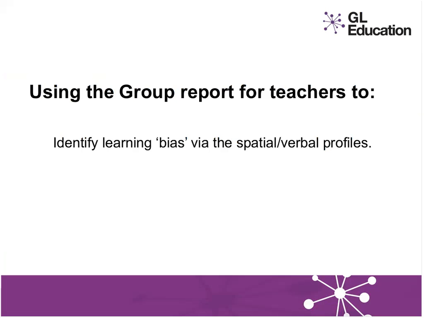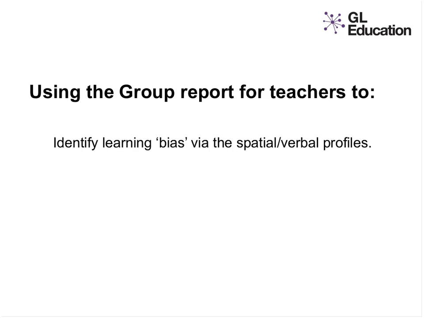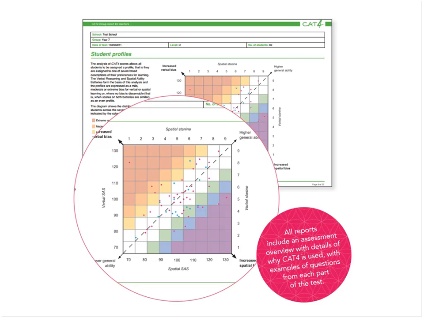The group report for teachers is not just about indicators, it's about identifying the learning bias, whether that be spatial, verbal, or no bias for the pupil. This is an example of a scattergram that will appear within your group report for teachers.